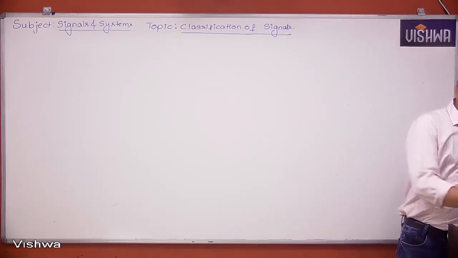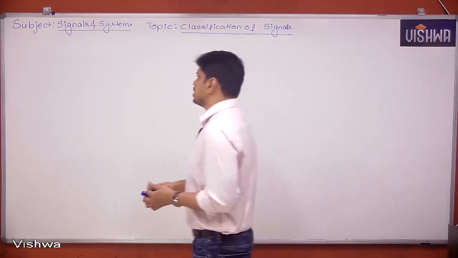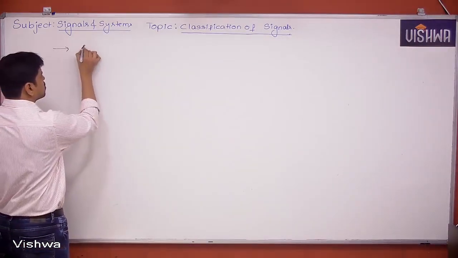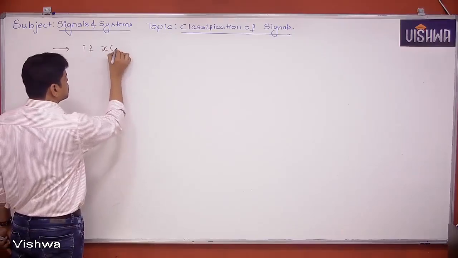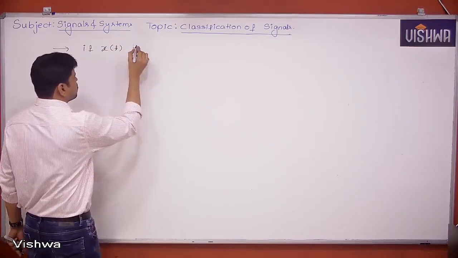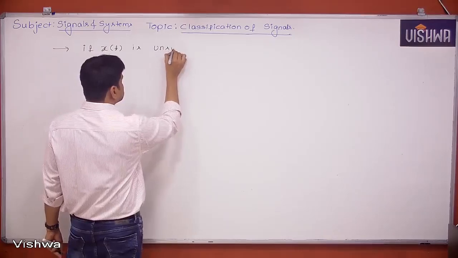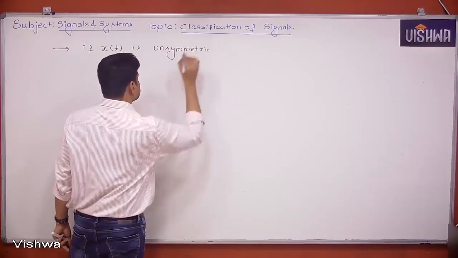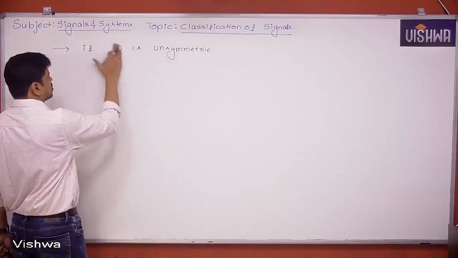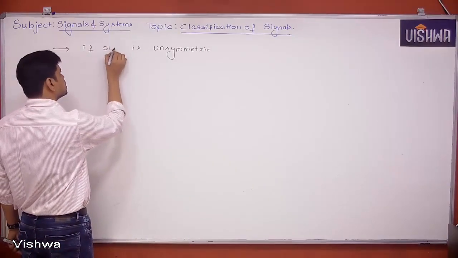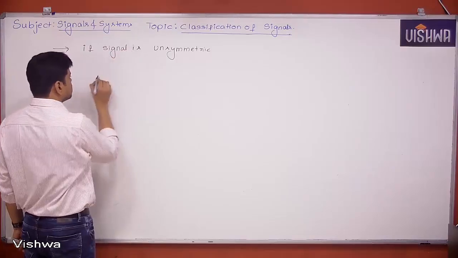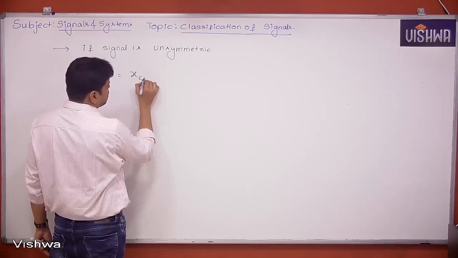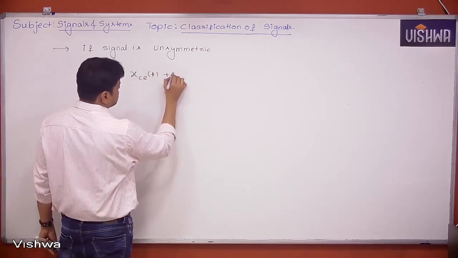Here also, if the signal is neither even nor odd, that is, an unsymmetric signal, then we can write x of t as a symmetric part, that is complex even part, plus complex odd part.